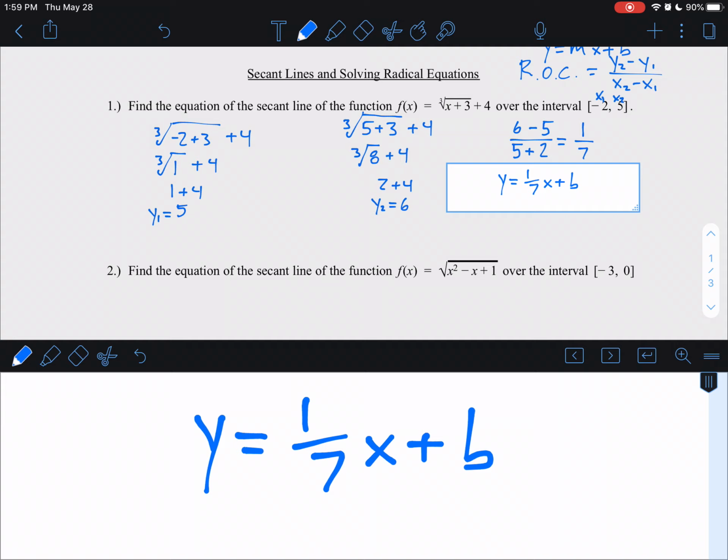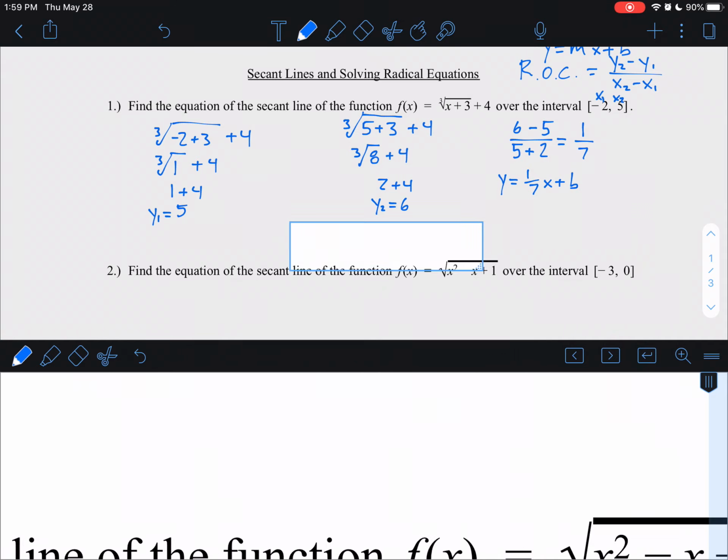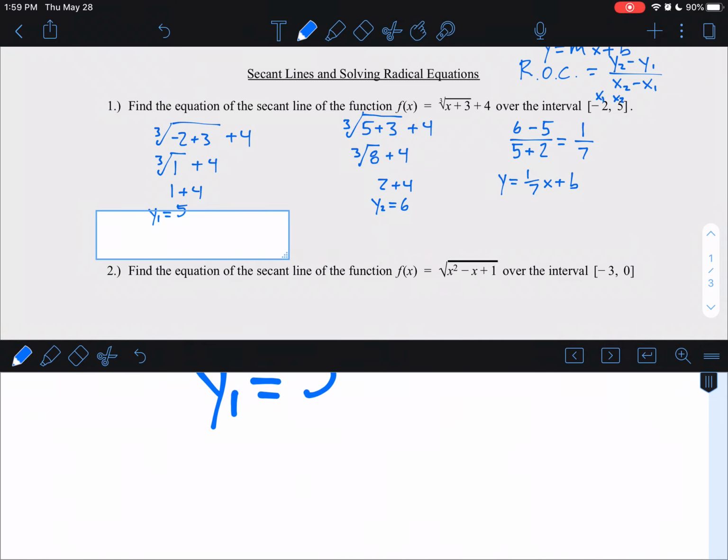But I don't know what my b value is, because this isn't an equation yet, it's just 1/7 x plus b. So to figure out the b value, I can plug in one of my 2 points. My 2 points, I said my x1 was -2 and my y1 is 5, so there's a point.